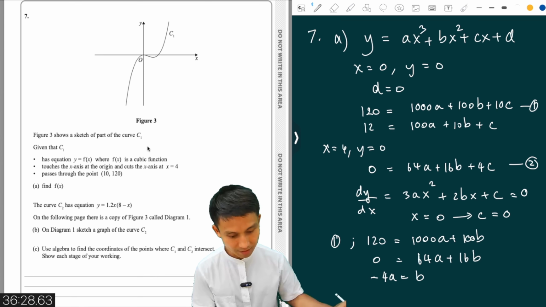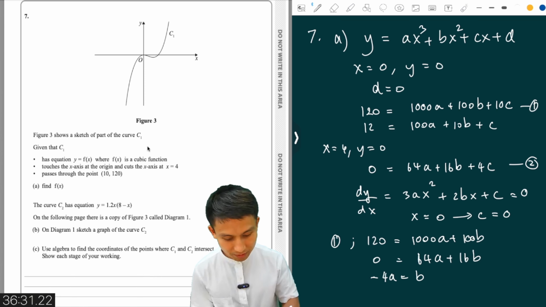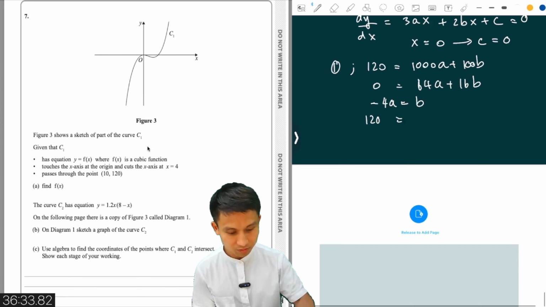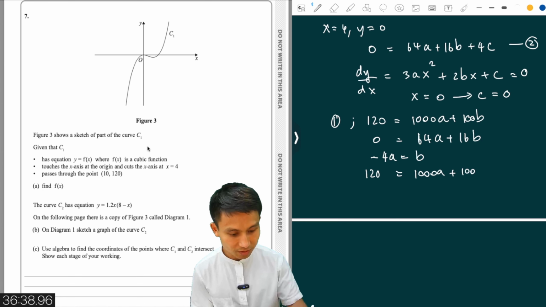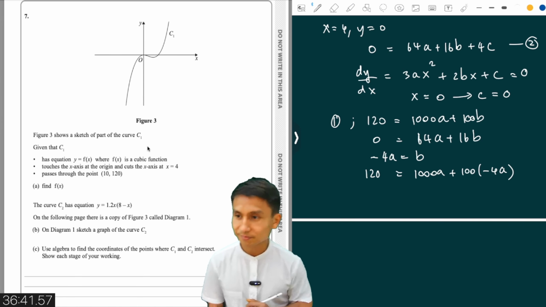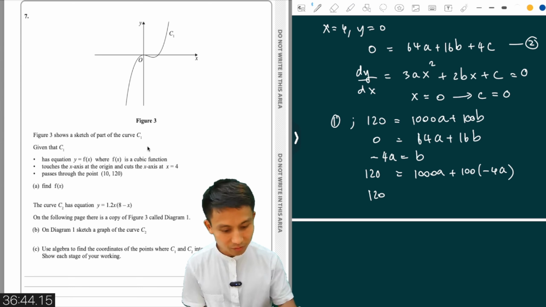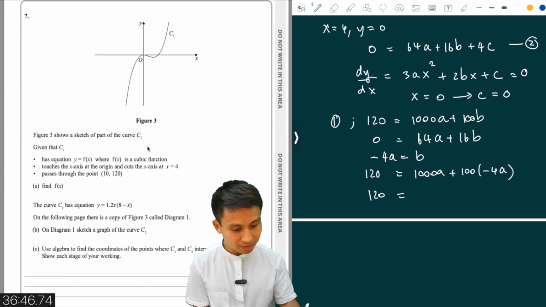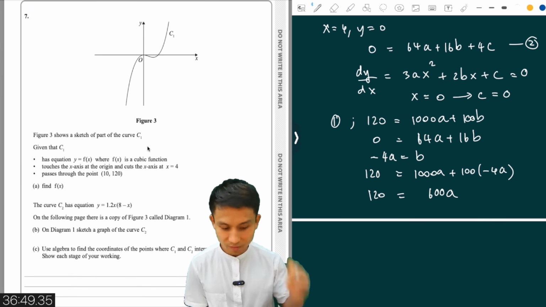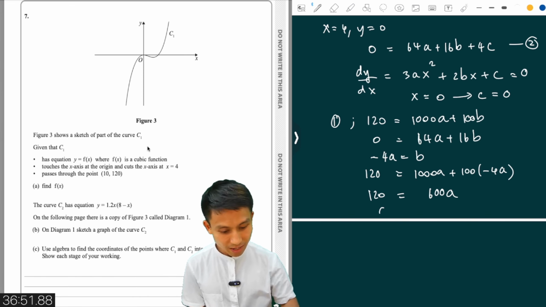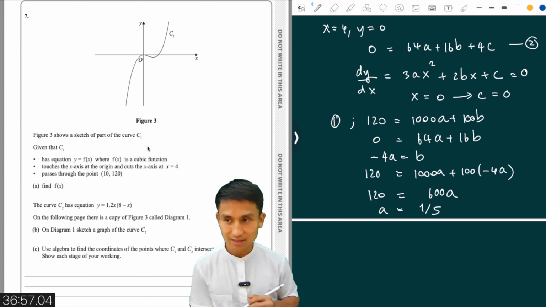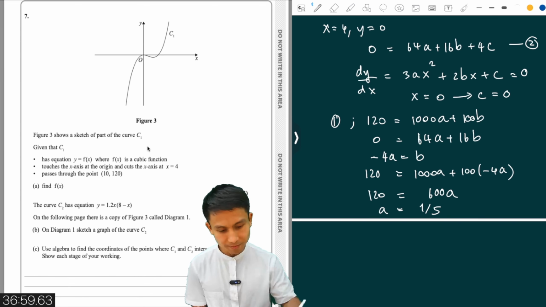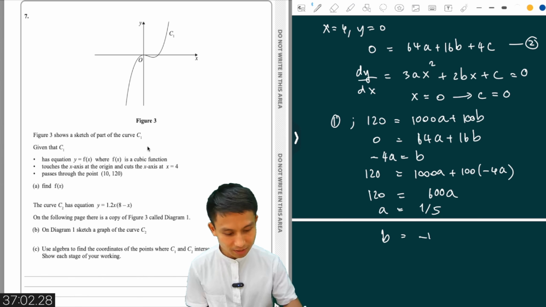So we can put that into the first equation: 120 equals 1000a plus 100 times b, and b is minus 4a. So 120 equals 1000a minus 400a, which is just 600a. And a is 120 divided by 600, which is 1 over 5. Then b is minus 4 times a, which is minus 4 over 5.